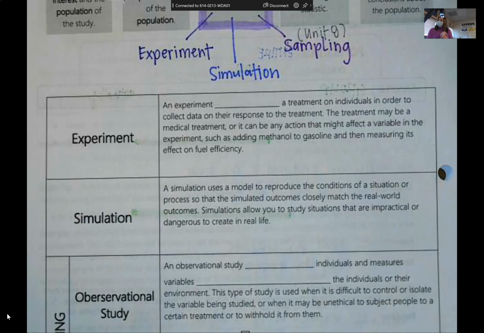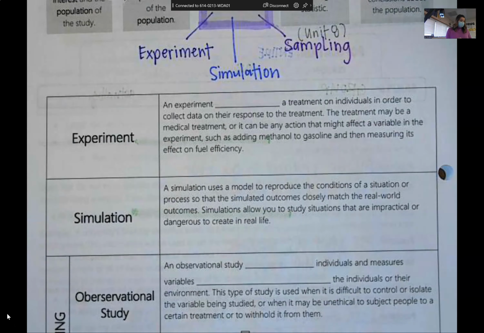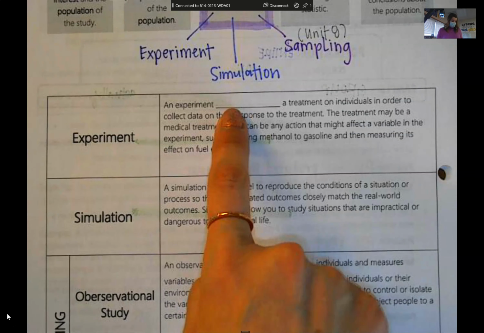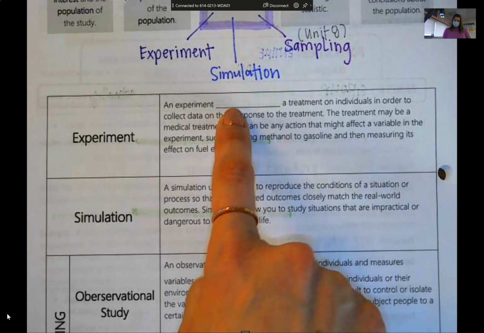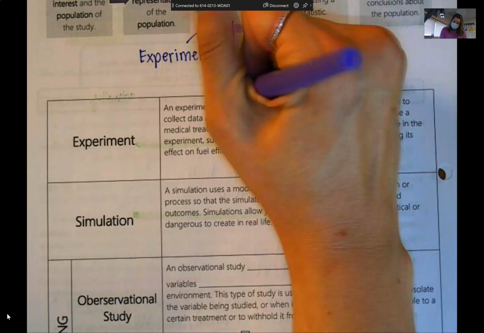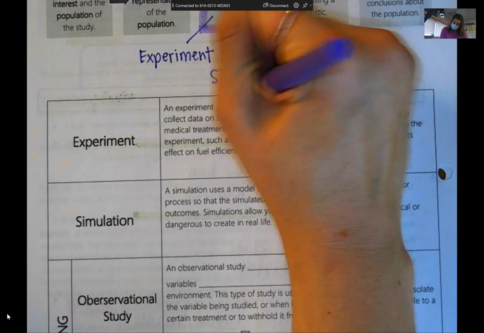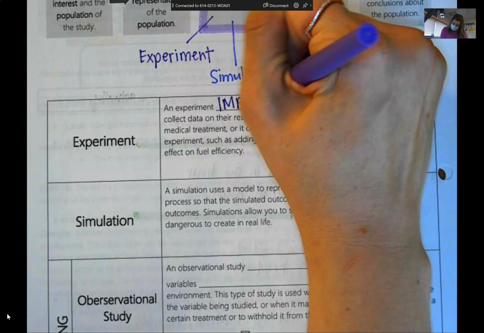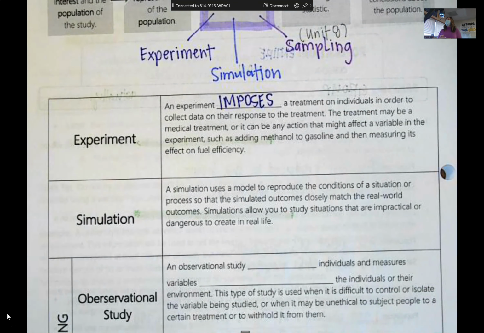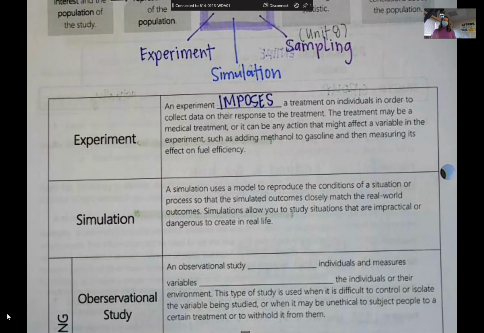An experiment is when you impose a treatment on the individuals you are collecting data from. So this blank is the word imposes. An experiment imposes a treatment on the individuals in the study so that you can record the response.